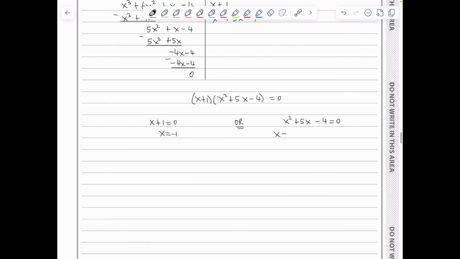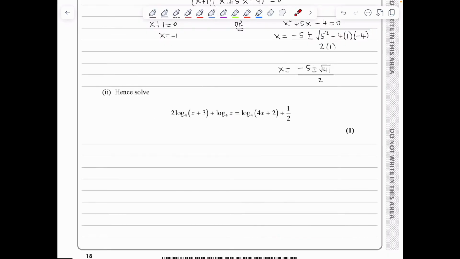So I get x is −5 plus minus the square root of 5²−4 times 1 times the negative 4, divided by 2a, so 2 times 1, and this gives answers for x of (−5 ± √41)/2.